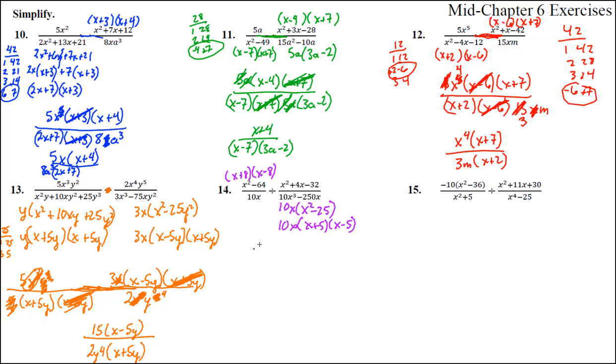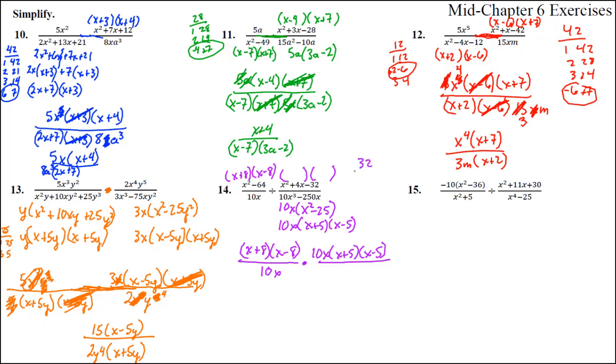That's nice to see that guy come up. So let's write out what we have. We have x plus 8, x minus 8, and we're over 10x, divided by, so we're going to do times by the reciprocal, so we get a 10x, x plus 5, x minus 5, good, over, and then, oh, we didn't factor this guy.